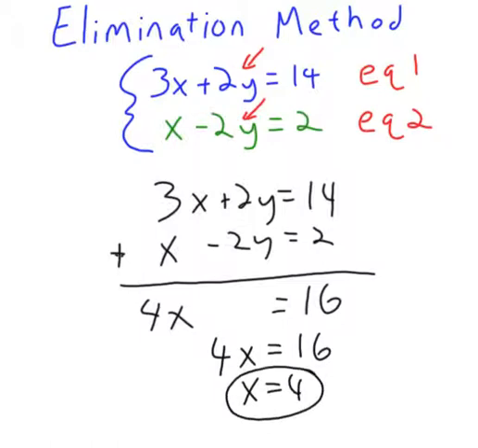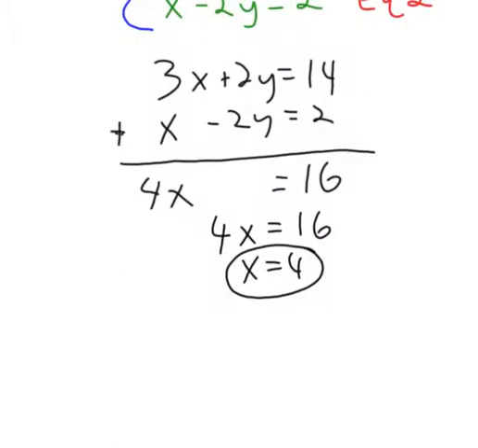Now, if you remember from the last section on systems of equations, once we find x, we're not done. We need to also find y. So we need to plug x back in to either equation, it doesn't matter, and we'll get y. So let's take equation number 2, x minus 2y equals 2. Now that we know that x is 4, we'll just make that 4.